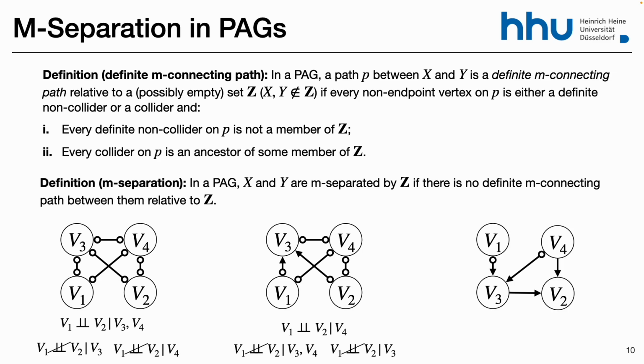Okay, what about this? If anyone knows from statistics instrumental variable, this is the IV graph. That is this instrument. That's just a curiosity. I want to know what separates V1 from V2.